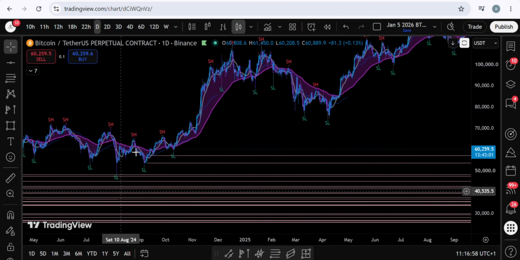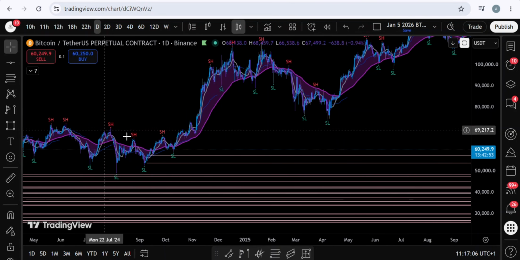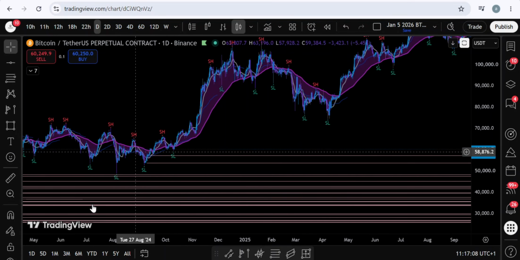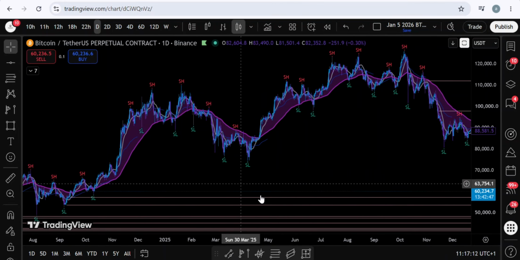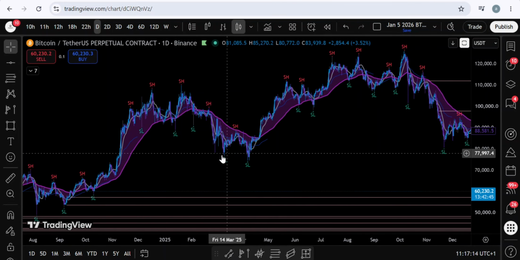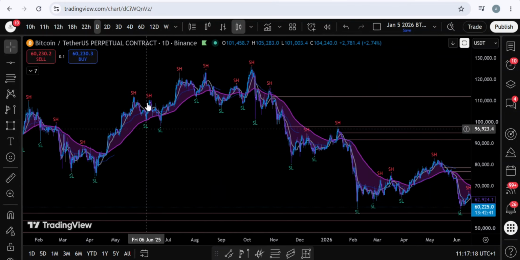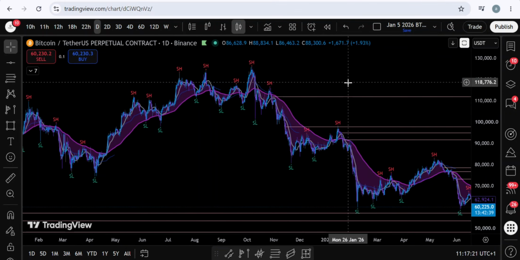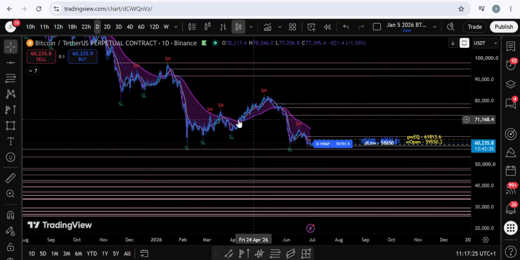And then we had a push up. We had a catalyst and a push up. This is a very good accumulation model. We also had a good accumulation model here. This is not an accumulation model, but this was. We do not see that over here, and it's too early.